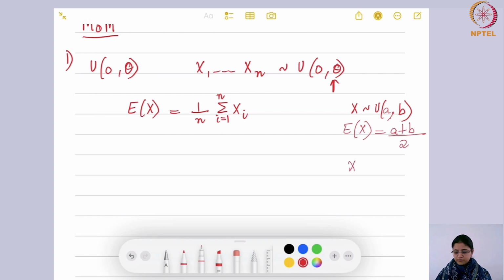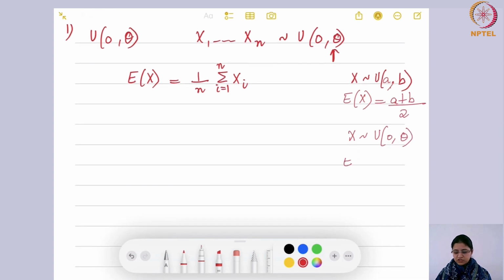So if x is following uniform with parameters 0 and theta, then what will be the expectation in this case? Expectation would be theta by 2.